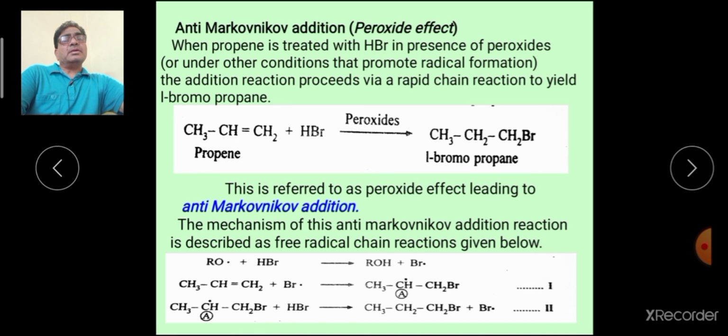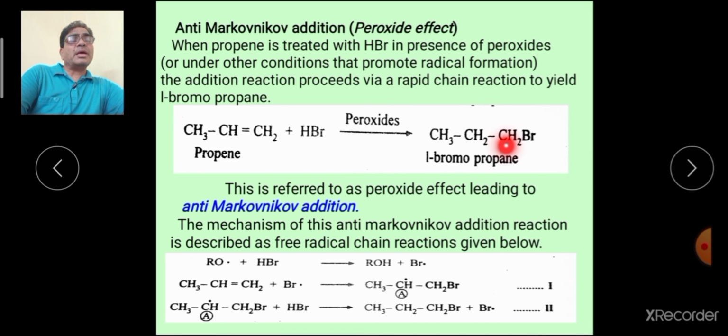This is an unsymmetrical alkene, with addition of hydrogen bromide in the presence of peroxide. The product is 1-bromopropane instead of 2-bromopropane, and it is anti to Markovnikov's rule, and therefore the addition product is known as the anti-Markovnikov addition product.